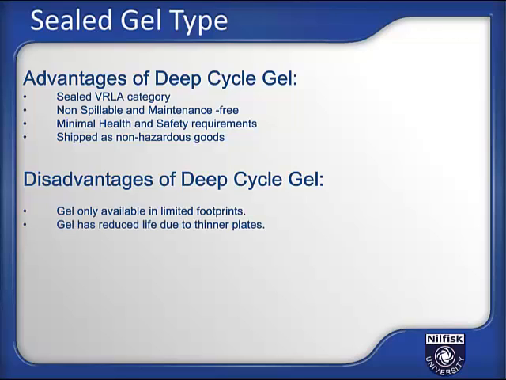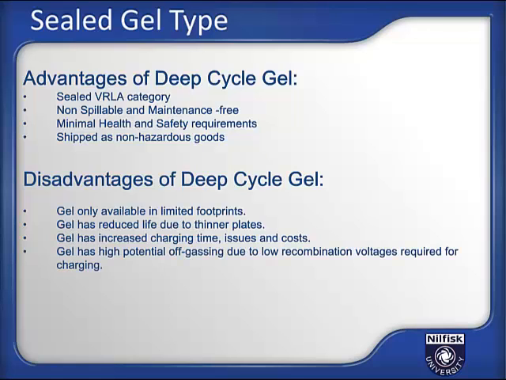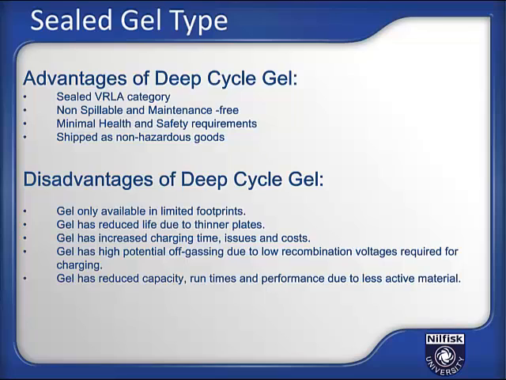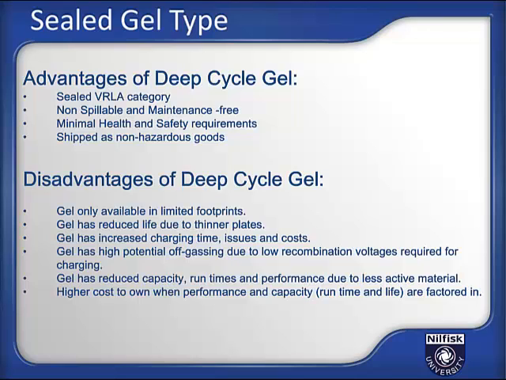Gel has reduced life due to thinner plates. Gel has increased charging time issues and costs. And gel has high potential off-gassing due to low recombination voltages required for charging. Gel has reduced capacity, runtimes, and performance due to less overall active material. So when looking at this product, it actually has a higher cost to own when performance and capacity, things like runtime and life, are factored in.